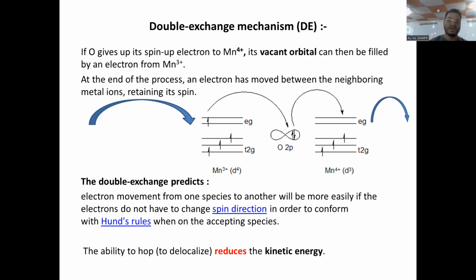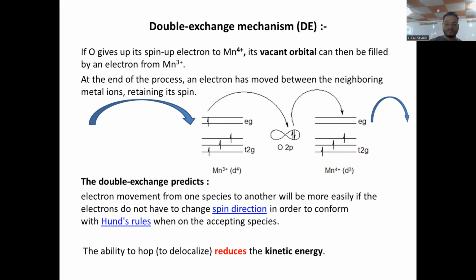At the end of the process, our electron has moved to the neighboring metal ion, retaining its spin like that. This is a very important phenomenon for perovskite oxides, and has a big effect on the perovskite oxide properties.